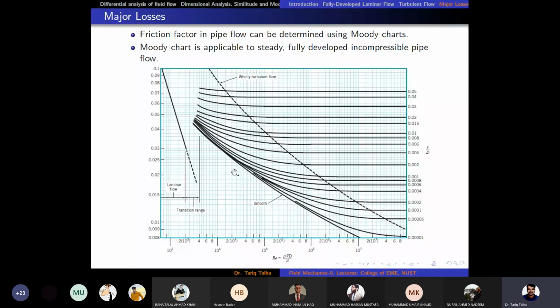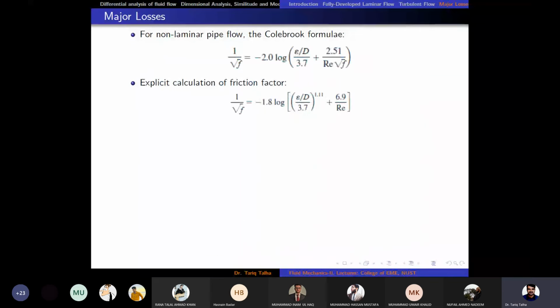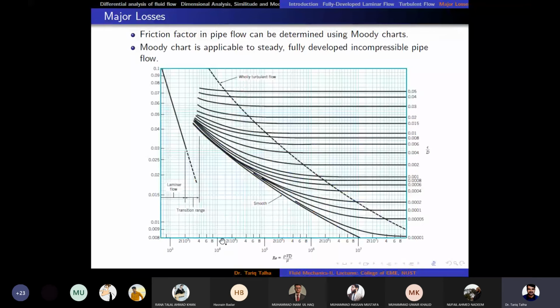So you can see that it would be quite difficult to see the value because at this end of the chart all the curves are kind of converging. So it is better that we use one of these two relations, because the Reynolds number, as I explained, is 13,700.